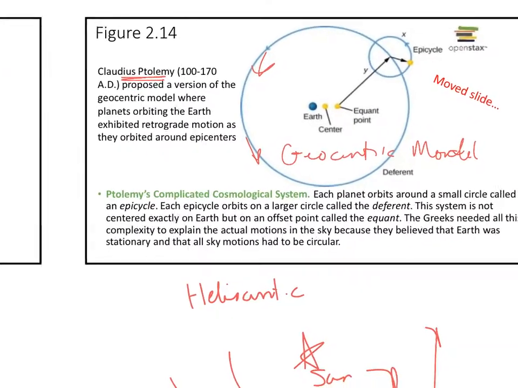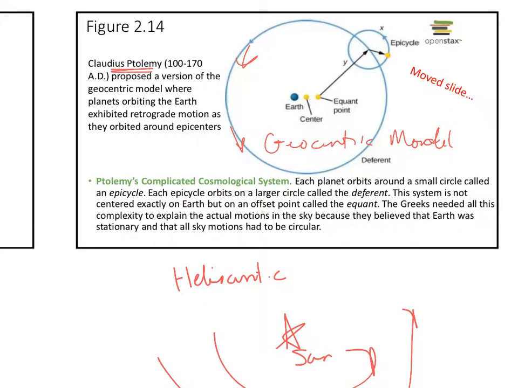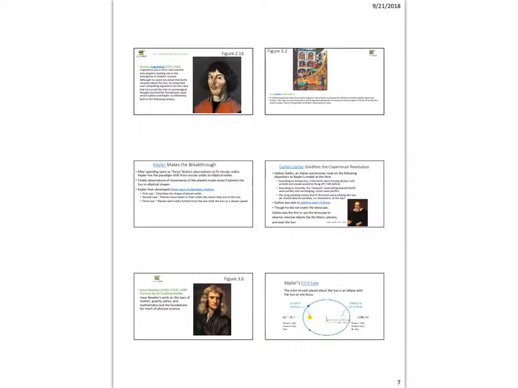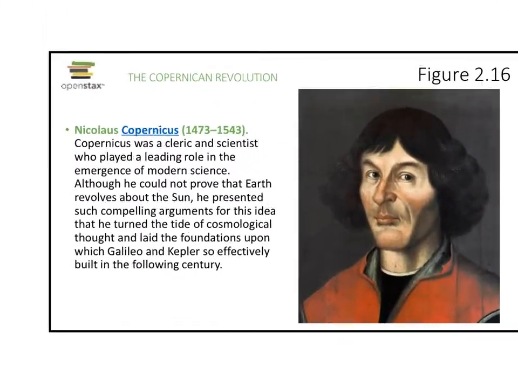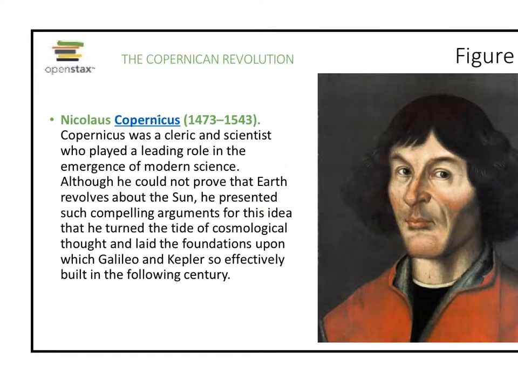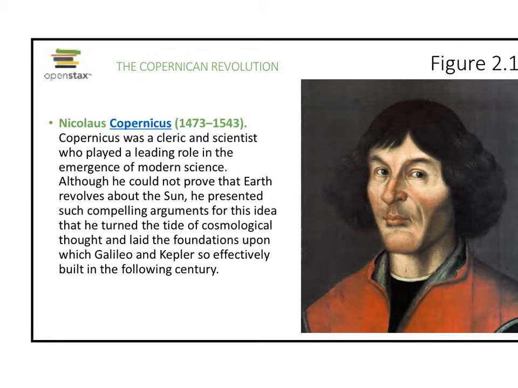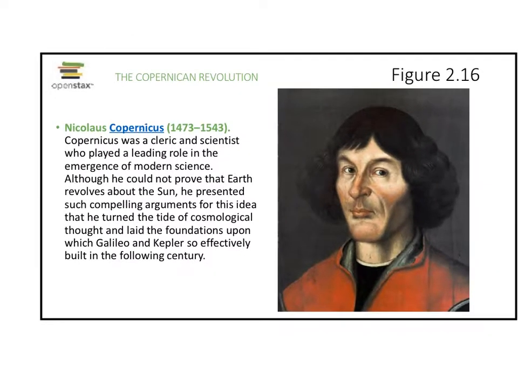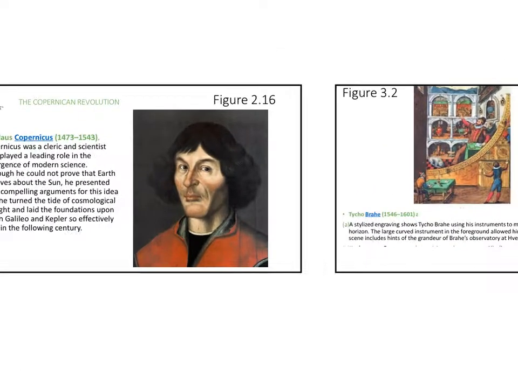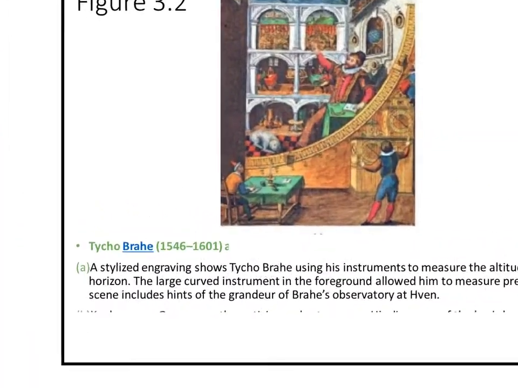So those are some of the scientists that we talked about. I have a little bit about most of the scientists anyway. So know a little bit about Copernicus. Copernicus was the one who started the momentum towards the heliocentric model. Brahe came after Copernicus, is the way I think of it.